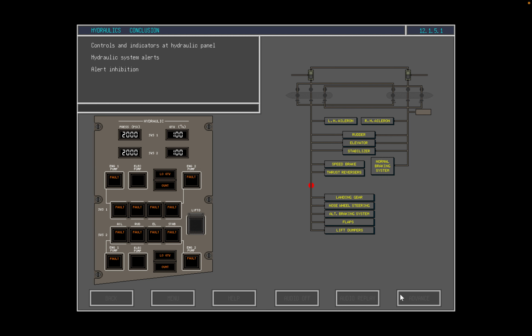We have discussed the alerts generated by the FWS in the event of low system pressure, low fluid quantity, and fluid overheat, how these alerts are enunciated at the MFDUs and local lights at the hydraulic panel, and seen when these alerts are inhibited.